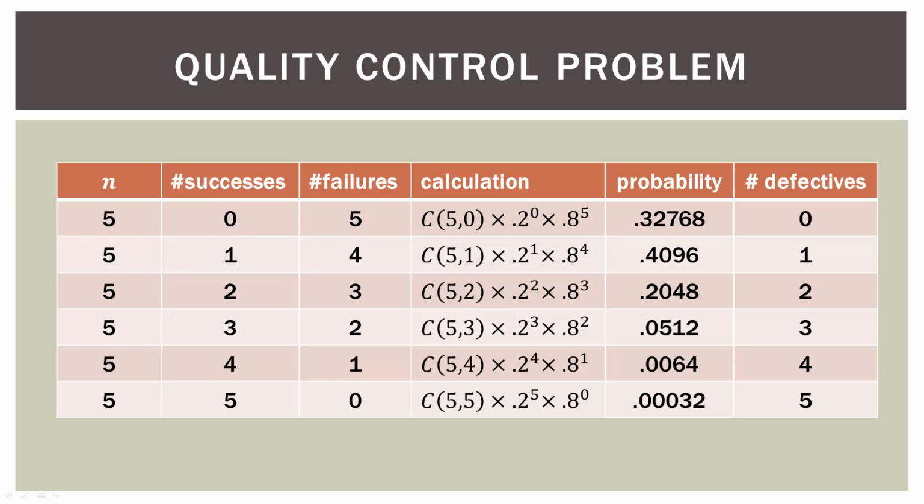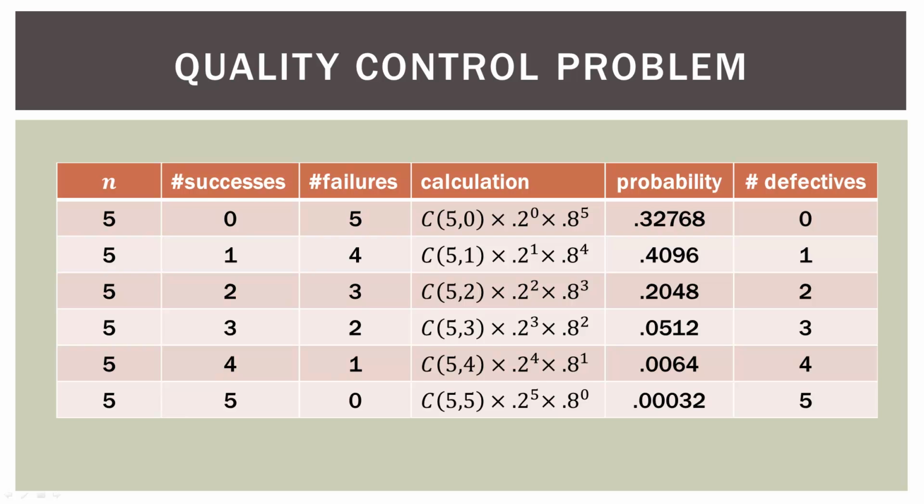So as we have 1 success, the exponent's 1, 2 successes, the exponent's 2, etc. Now with the failures, we have 0.8. That's the probability of failure. And then the exponent changes to match that. Notice that the exponents always add up to the number of trials. So 0 plus 5 is 5, 1 plus 4 is 5, 2 plus 3 is 5, etc. So we just have the combination part, then we have the success part, and then the failure part of this formula. And then from there, it's just math.